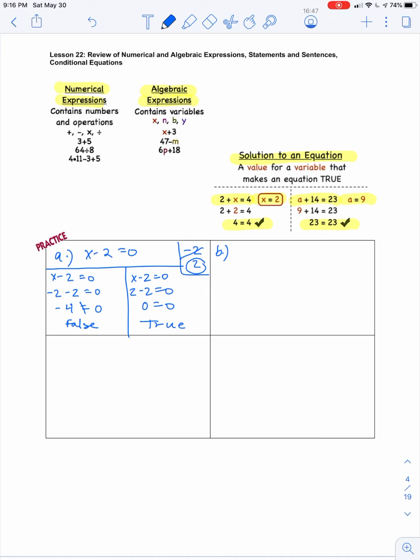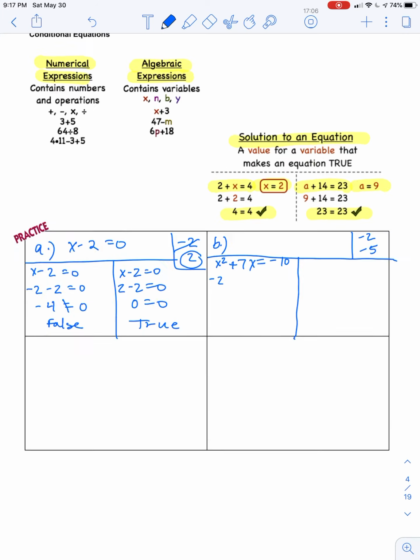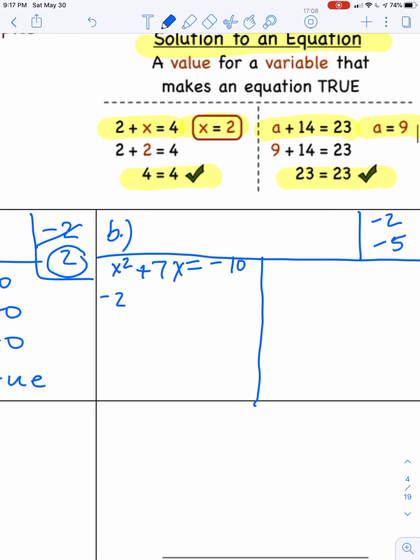Letter B, we have x squared plus 7x equals negative 10. We're going to test this on the 2 numbers they are giving us, which are negative 2 and negative 5. So let's test those 2 numbers with this equation. I'm going to plug in a negative 2.